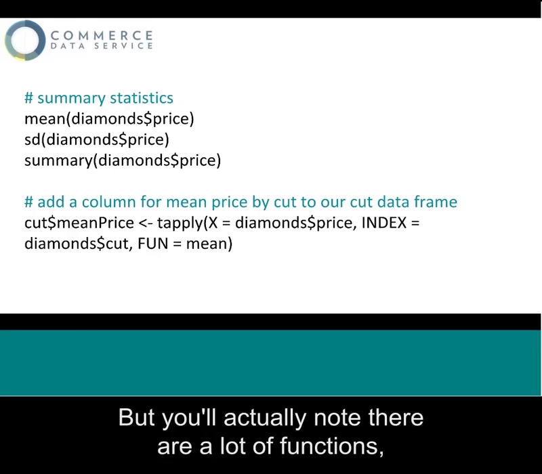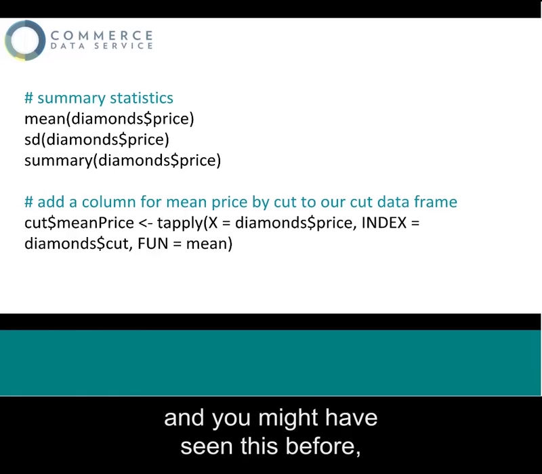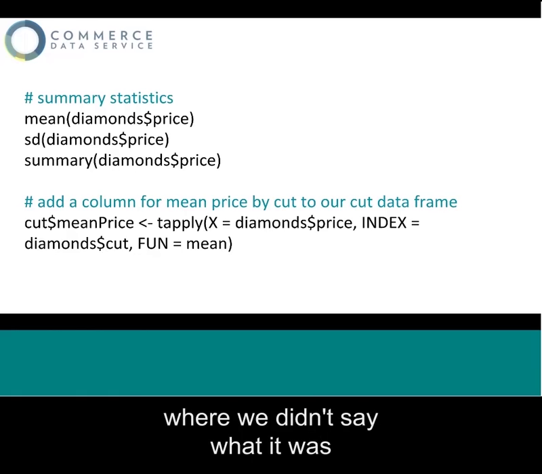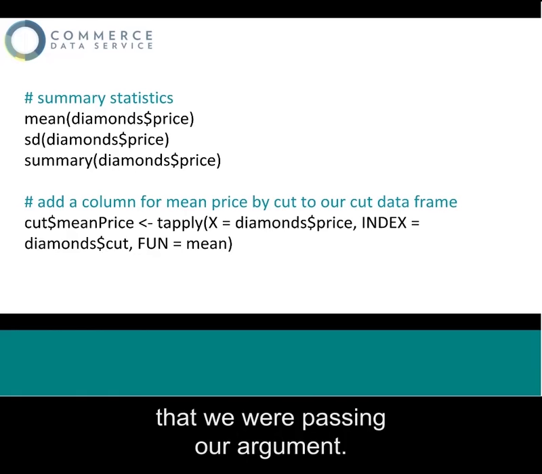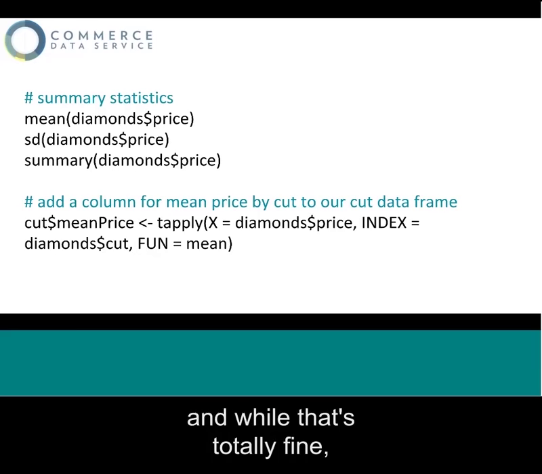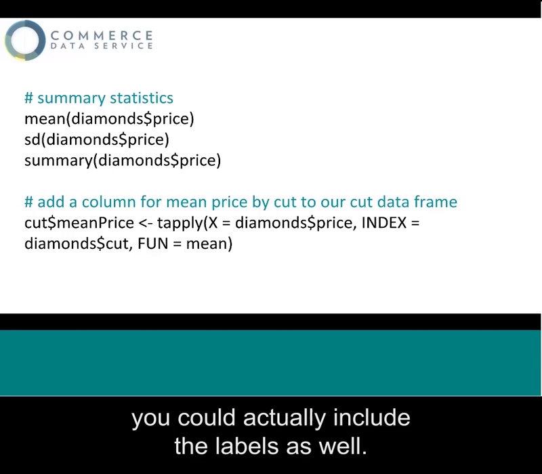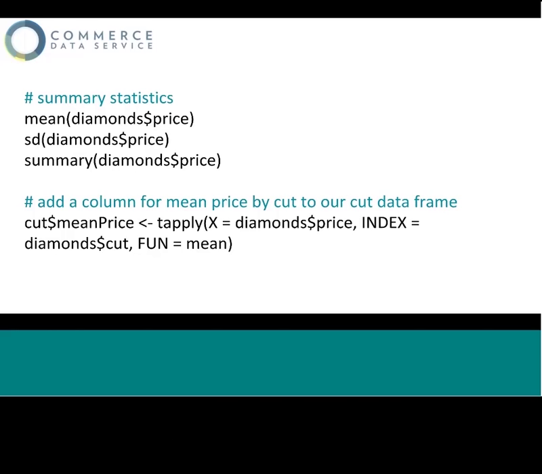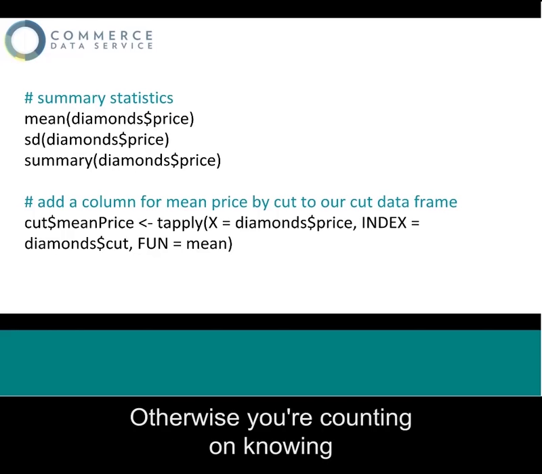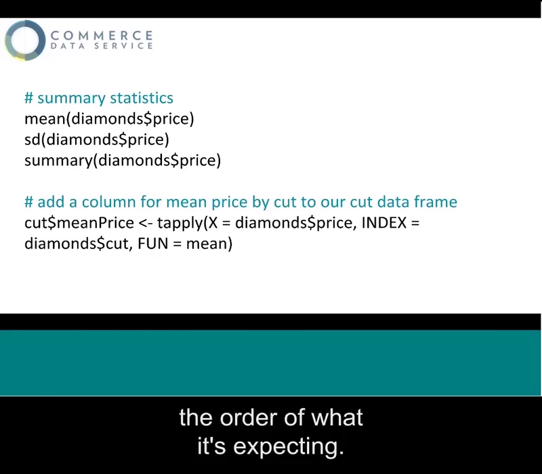But you'll notice there are a lot of functions, and you might have seen this before, where we didn't say what it was that we were passing as an argument. We just put it in the right order. While that's totally fine, if you want more readable code, you could include the labels as well. Otherwise, you're counting on knowing the order of what it's expecting.